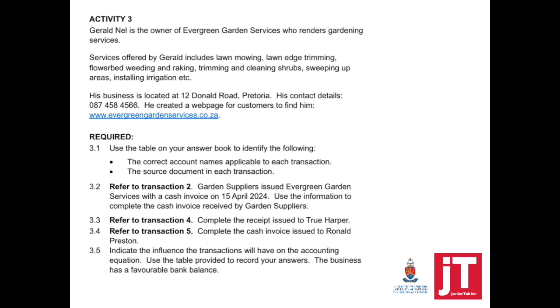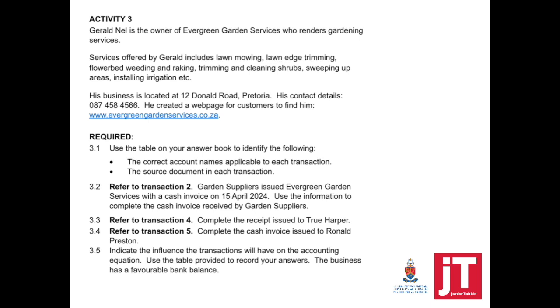So if you look at what is required, first question, use the table on your answer book to identify the following: the correct account names applicable to each transaction and the source document in each transaction. Question 3.2, refer to transaction 2.